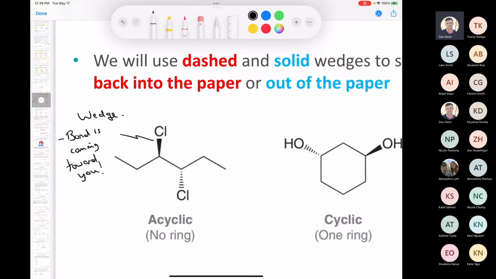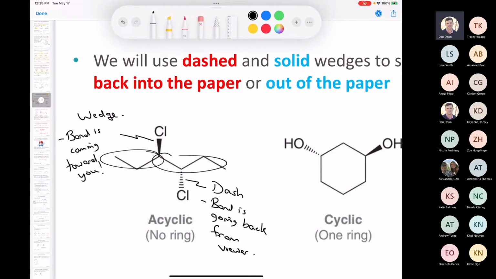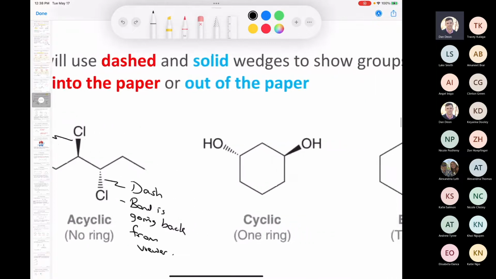Whereas if you have a dash drawn like this, the bond is going away, or going back from the viewer. All these other bonds that are just drawn as lines are all on the plane of the page. But again, the wedge is coming towards you and the dash is going behind you.